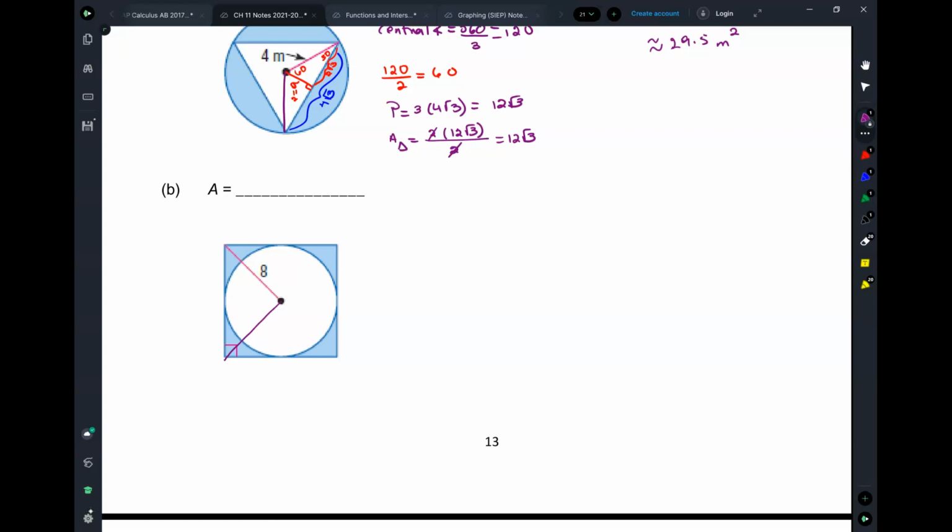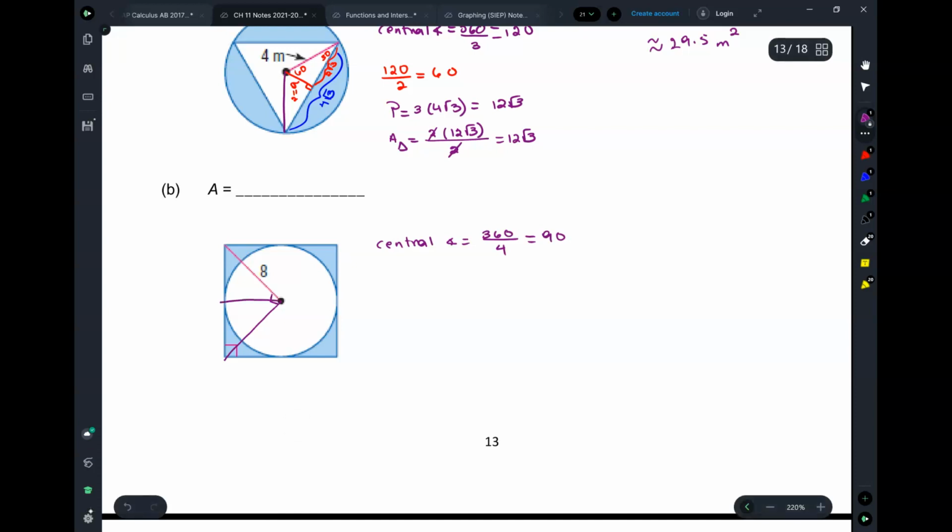So we can do the same thing. It's a 45 this time because 360 over 4 is 90. So this is 90.